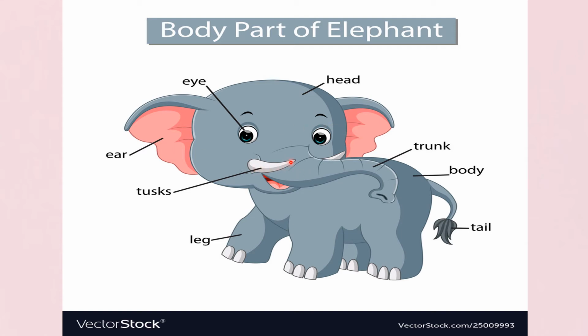You can see the two teeth which are outside the mouth near the trunk. These are known as tusks. And this is the nose. The nose of an elephant is called the trunk. This is the body of an elephant. Four legs, 1, 2, 3, 4, and a tail.